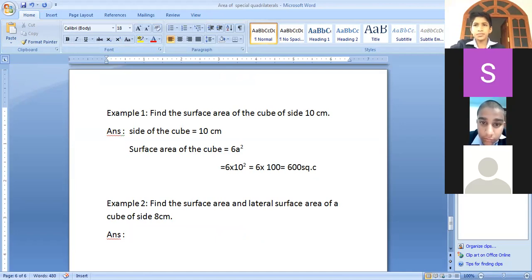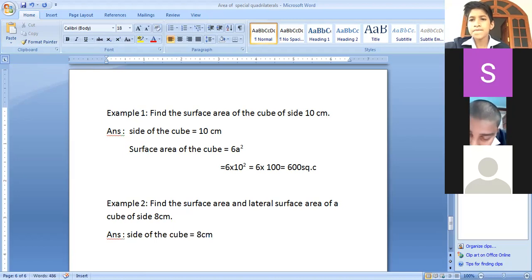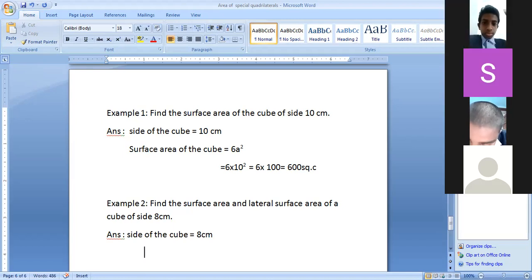So when you start answering, what should be the first sentence? Side of the cube. What is the side of the cube here? 8 centimeter. We need to find two things, right? Surface area and lateral surface area.